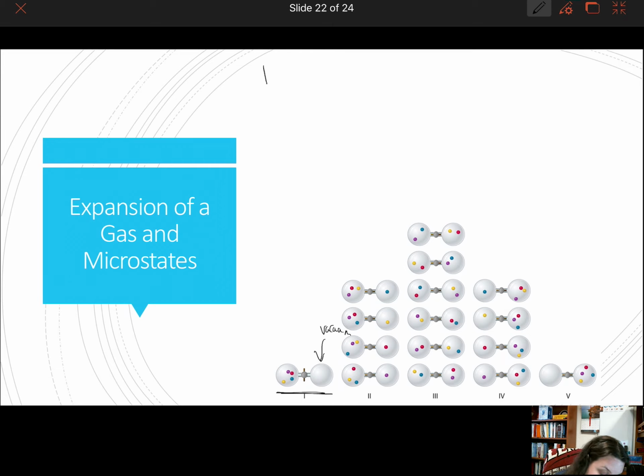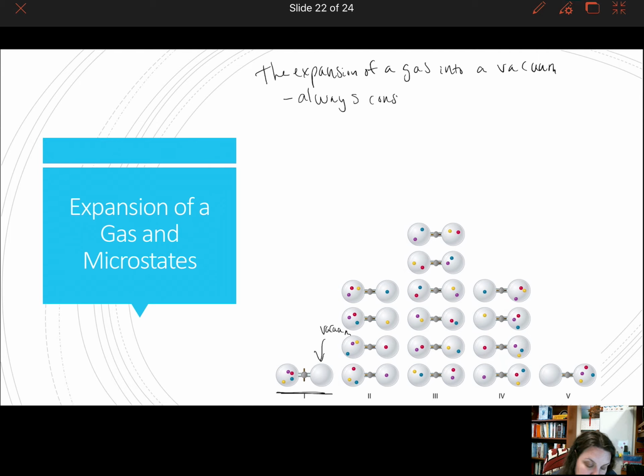So the expansion of gas into a vacuum is always considered spontaneous. And we're going to look at why right now. What happens is there's always an increase in entropy.